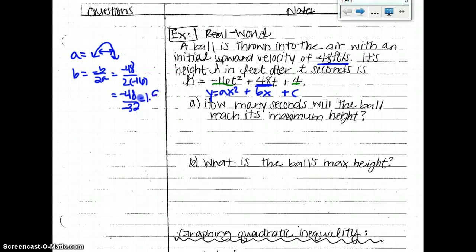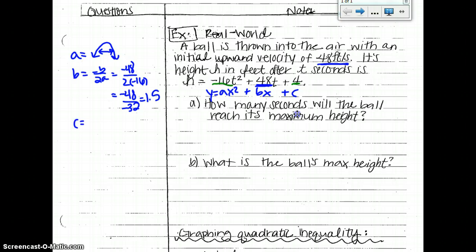Which is 1.5, negative 48 divided by negative 32. So that means that our axis of symmetry is 1.5. So the x value of our vertex is 1.5.